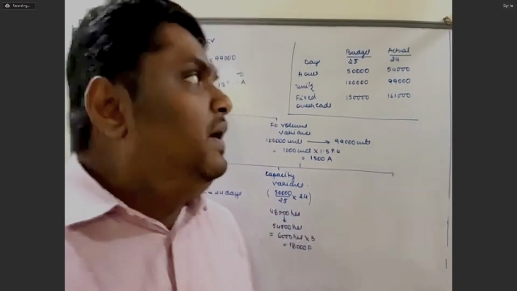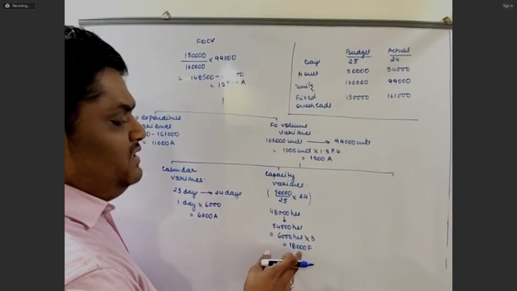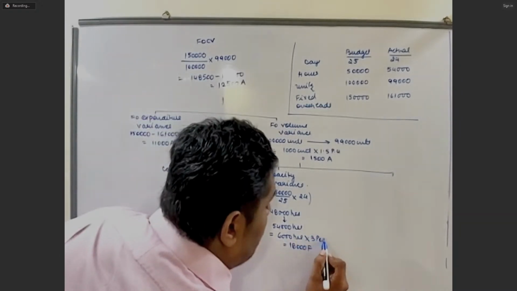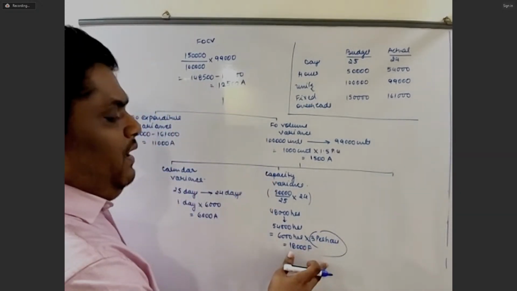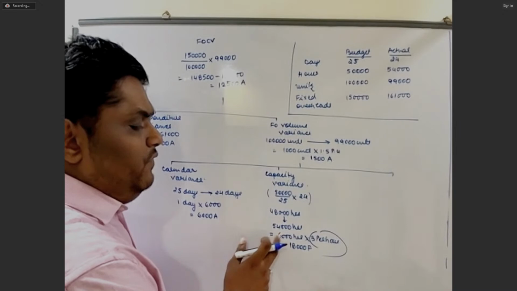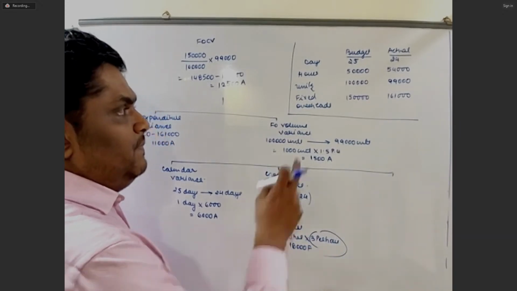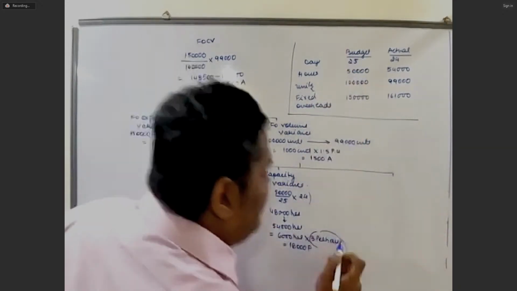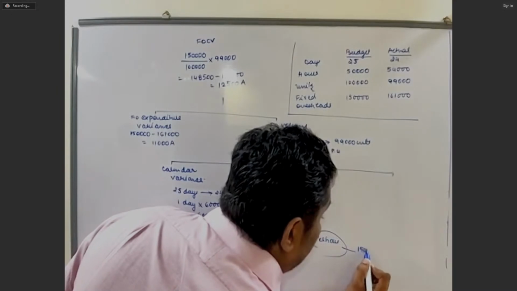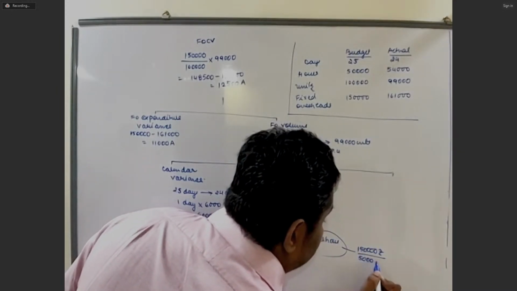Okay, how come rate per hour 1.5? So the rate per hour is 3. How come 3 per hour? First and foremost, we'll be applying the rate per hour because we have calculated hours. So 1,50,000 rupees divided by 50,000 hours.